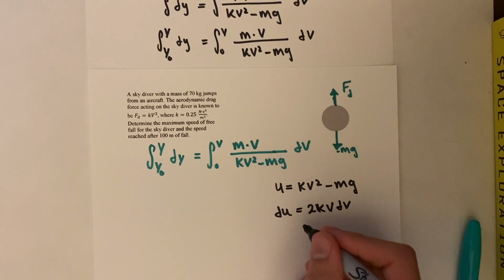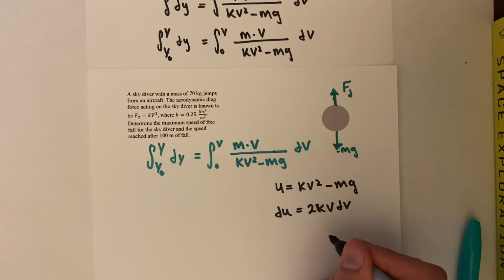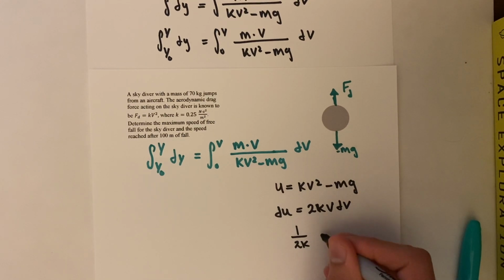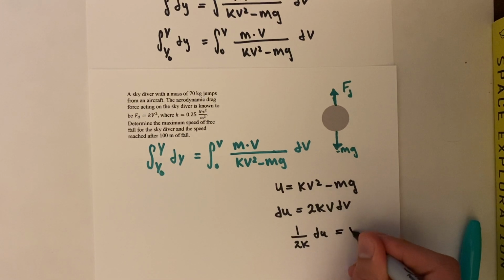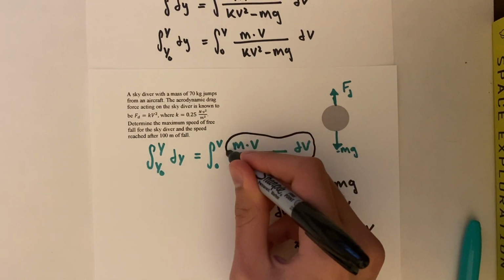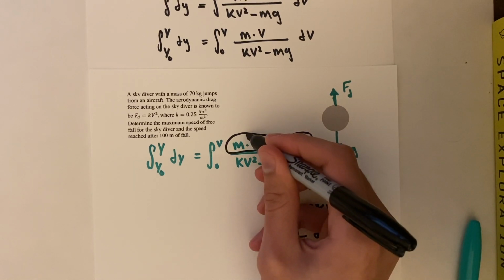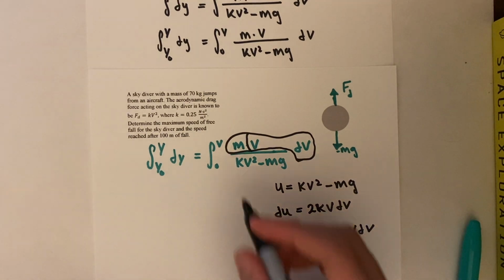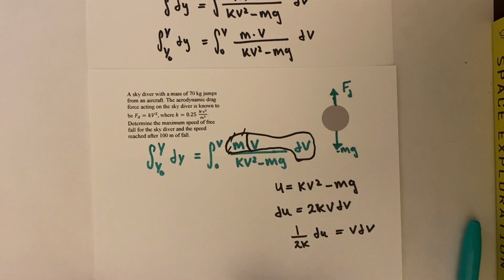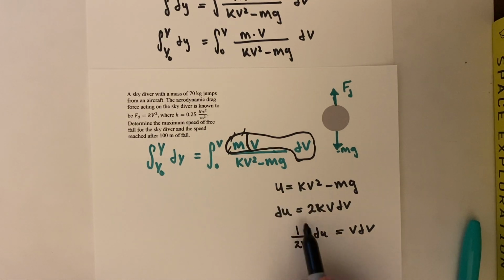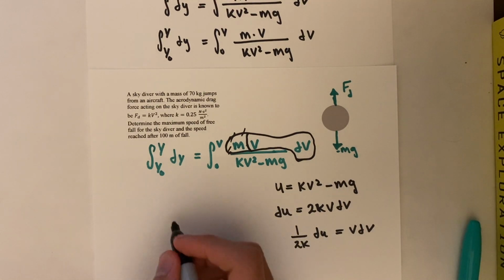If we solve for v dv, we would get 1 over 2k du equals v dv. Actually, here the m is a constant, so we could take that out, and 2k is a constant as well, so we could take that outside the integration.